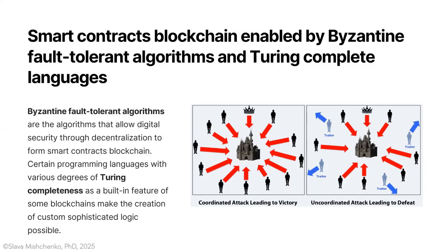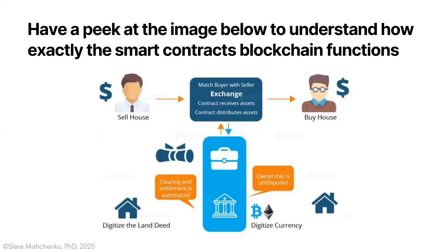And I always, for example, tell my students that this combination, Byzantine fault tolerance and Turing completeness, is what makes smart contracts truly revolutionary. And you can think of it as having a system that can not only detect and ignore bad actors, but also execute complex operations with absolute precision and reliability.